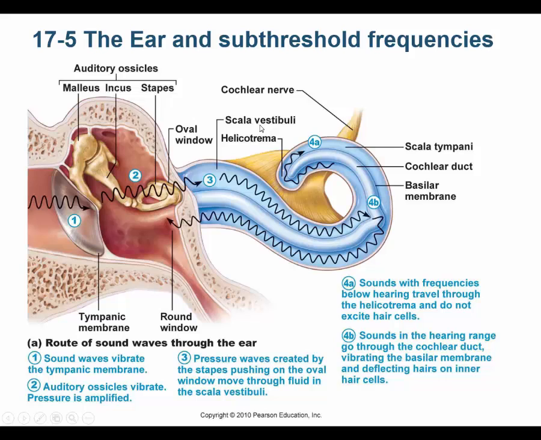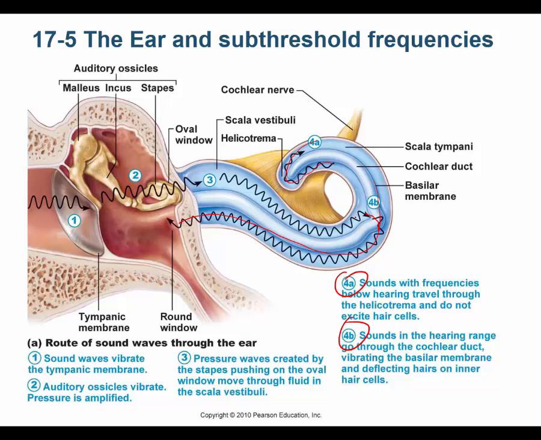All right, this is a picture not in your book, but it's showing you the same thing. It's saying something very important someplace down in here. Right there and right there. Sound waves that don't have enough energy to bend this basilar membrane travel around the helicotrema and back out through. You really don't hear those. They don't have enough energy to bend the basilar membrane.